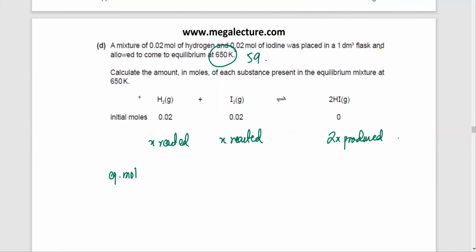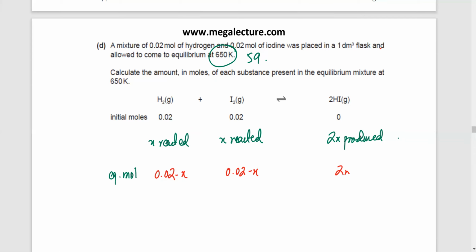So equilibrium moles are that it's 0.02 minus X because you're assuming that X moles have reacted. And over here as well, it's going to be 0.02 minus X, and on the other side, it's going to be 2X because there was no moles of HI, and now you have 2X moles getting produced. So X moles of this reacted to produce 2X moles of that.